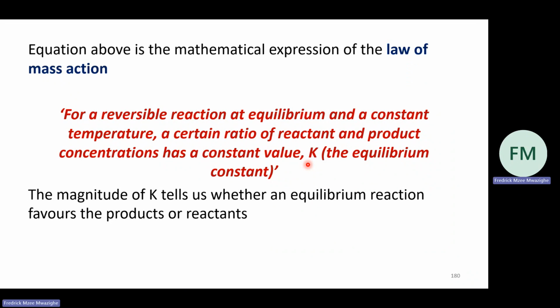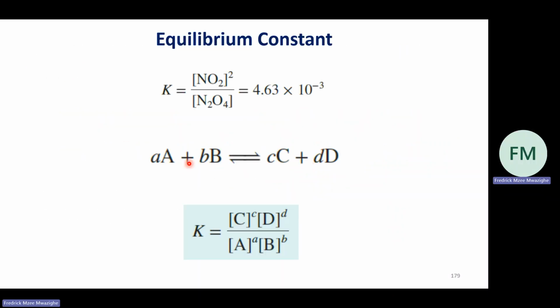Now, the magnitude or the value of the equilibrium constant is very important, because it tells us whether an equilibrium reaction favors the products or the reactants. If you look at this example of a reversible reaction, the magnitude of K depends on which side is favored.